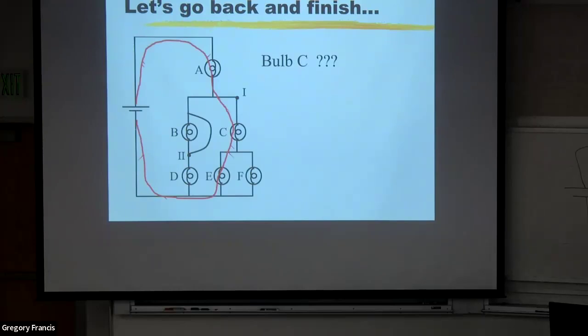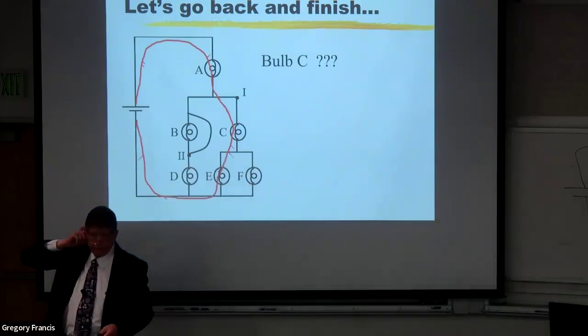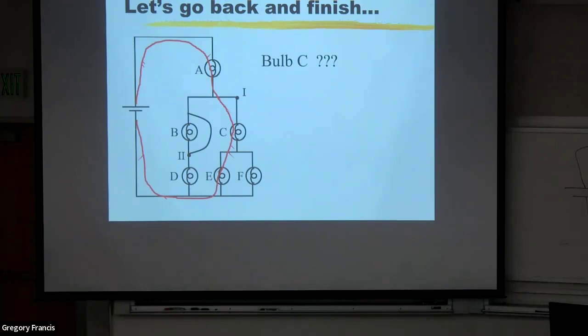First of all, we were confused about what would happen to bulb C. We weren't trying to compare it to any other bulb. We just wanted to know when we made that change by shorting out B, what happens to bulb C? Does it get brighter, get dimmer, or stay the same?